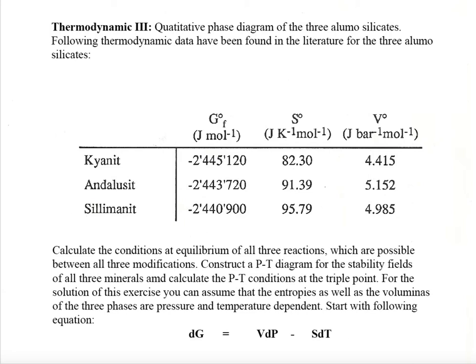Then we come to the next one, and that is a little bit complicated, but I'm sure you will be able to manage it using the information I have given you here. This is thermodynamics 3.